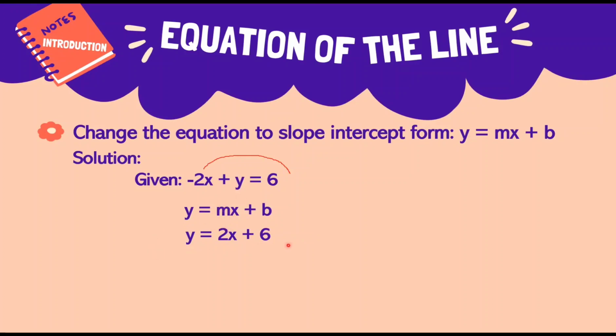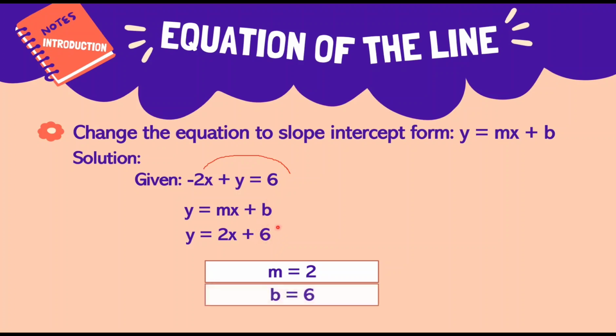On our given equation, what do you think is the numerical coefficient of our x? Excellent. So our slope is positive 2. And how about our y-intercept? Great. Our y-intercept is the constant term, which is our b, and our y-intercept is positive 6.